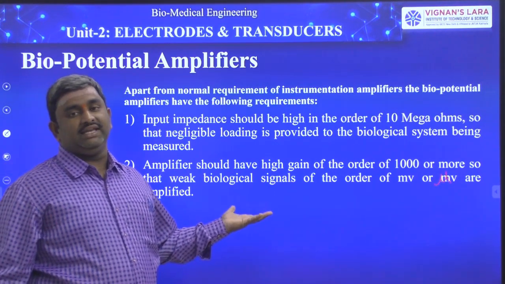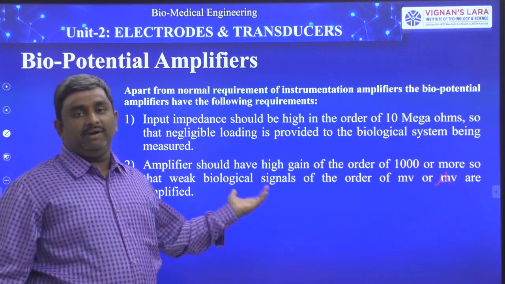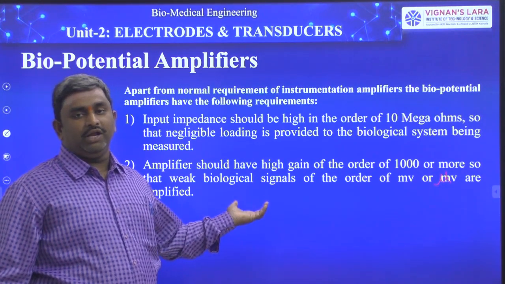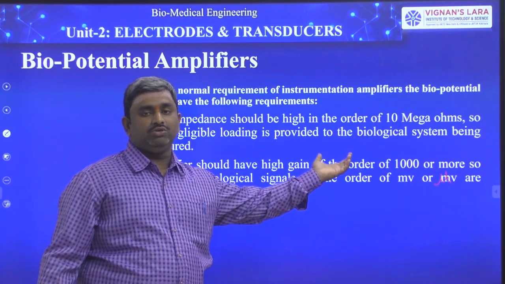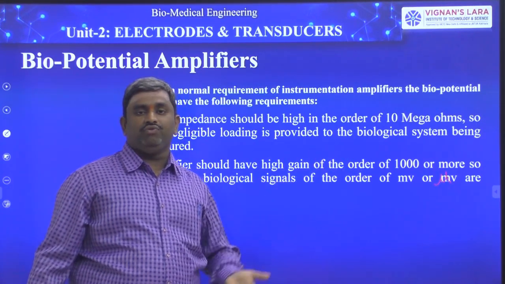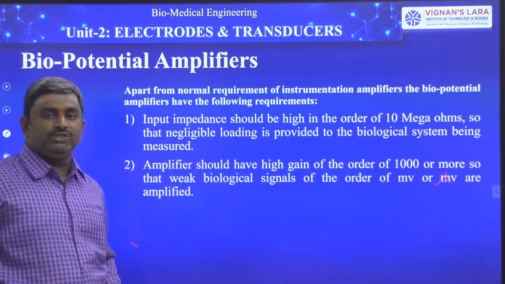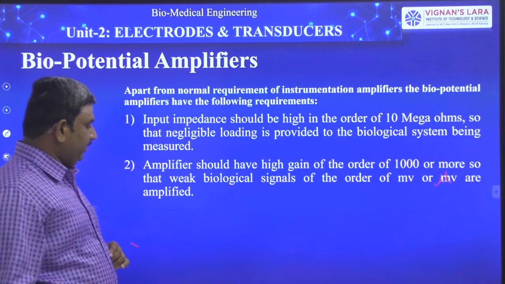Generally in our electronic circuits we have seen gains of 100 or less. But biomedical equipment should have a gain of nearly 1000. Biopotential amplifiers with a gain of 1000 are helpful for designing biomedical equipment.